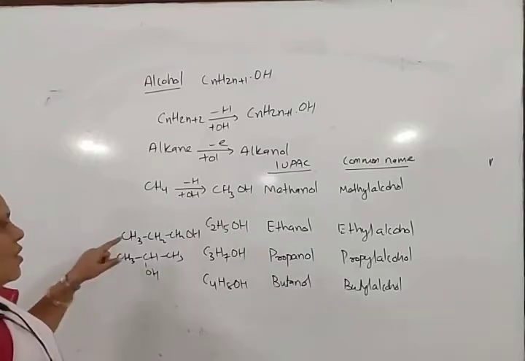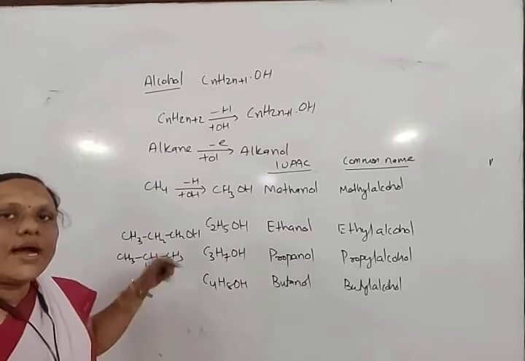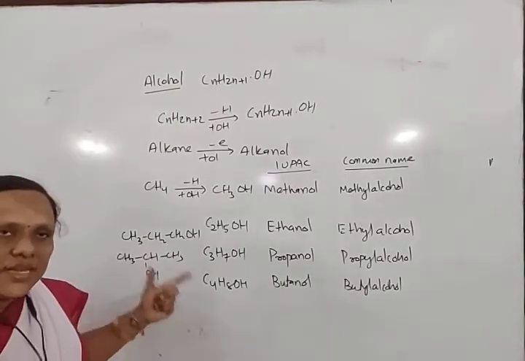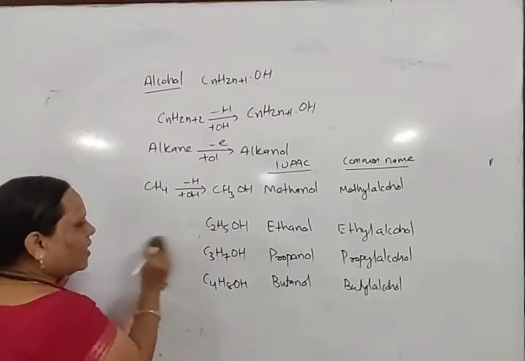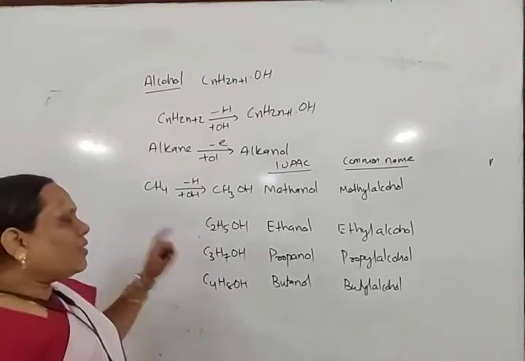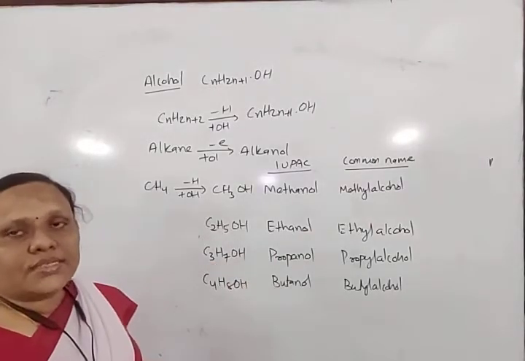So this is propan-1-ol, this is propan-2-ol. How to name these we will discuss again later. Here you just need to know propanol and butanol, and how to name them accurately we will discuss later.